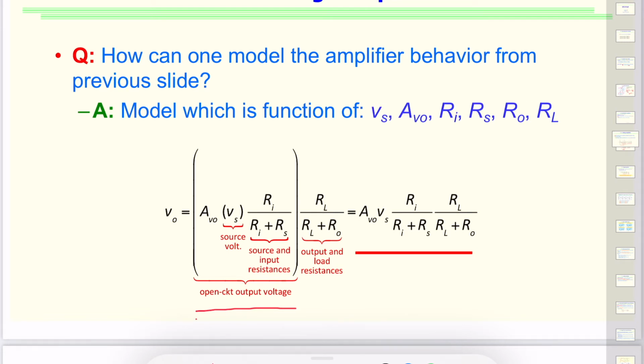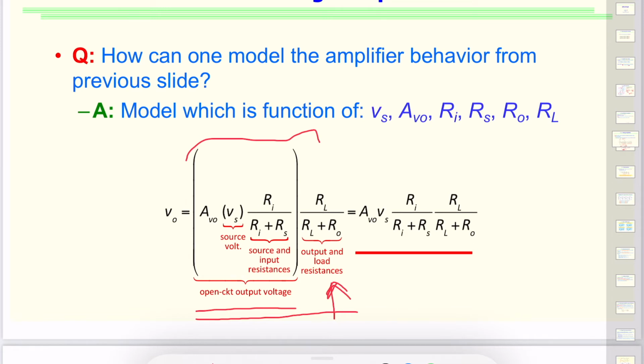But then when we want to find the overall voltage gain, we have to introduce the voltage that appears outside the amplifier across the load resistance. So this is nothing but we are using the open circuit voltage gain and multiplying with the voltage divider part to it.